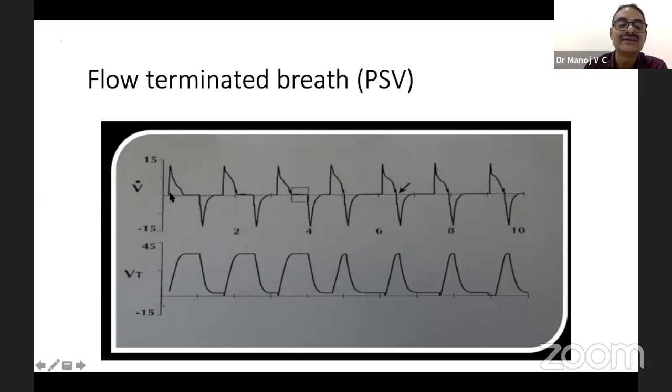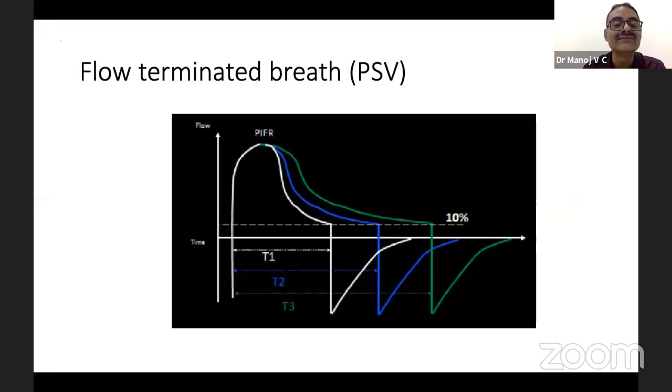So what has happened here, you are finding after each flow there is a gap, whereas the moment you convert, after the inspiratory flow is over, the machine will automate the valve flows. It's a flow cycling. The cycling happens and then there is an expiratory flow. So this is the most comfortable form of breath ideally for the baby. We know that there are problems with the PSV we discussed in the second module, but theoretically this is the most ideal mode. And you can set your flow terminated sensitivity at various percentages.